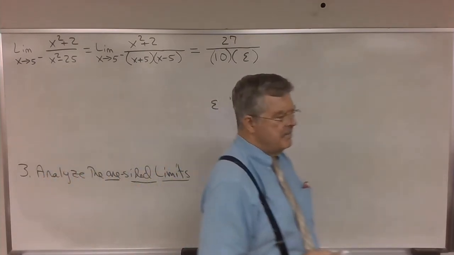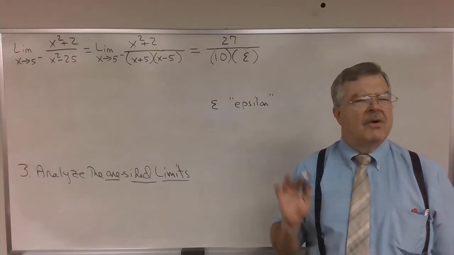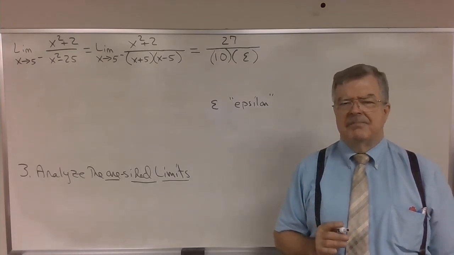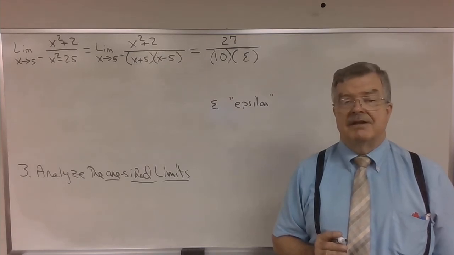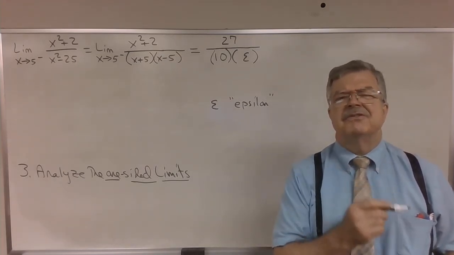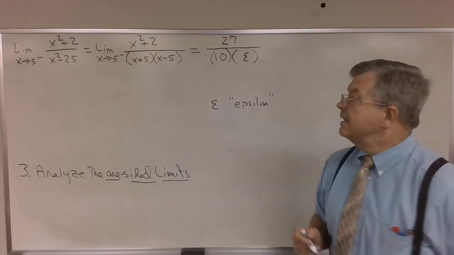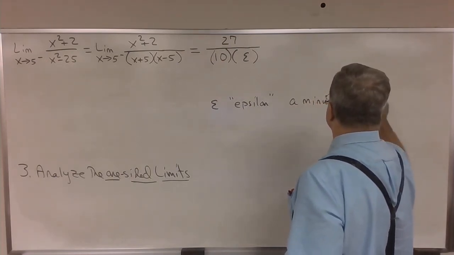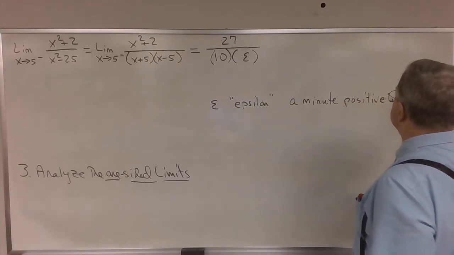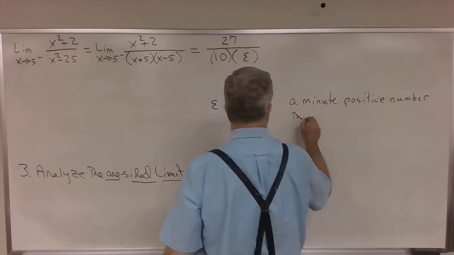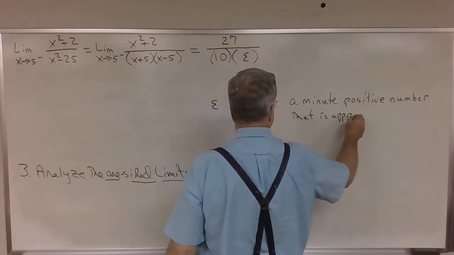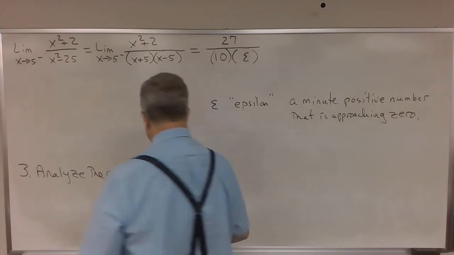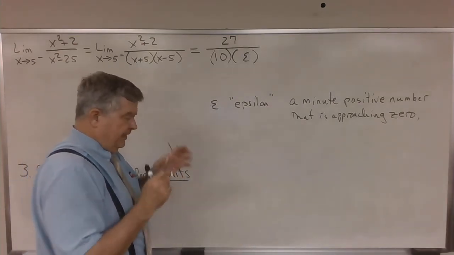And by convention in math, epsilon is used almost exclusively to represent minute positive numbers, and maybe even minute positive numbers that are getting closer and closer to 0. So I put an epsilon there.